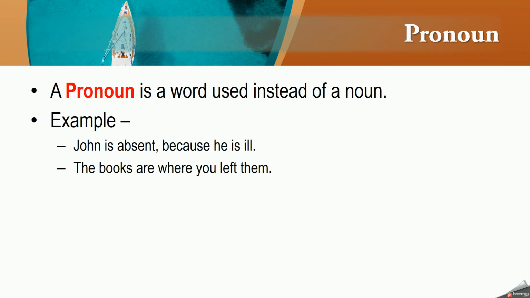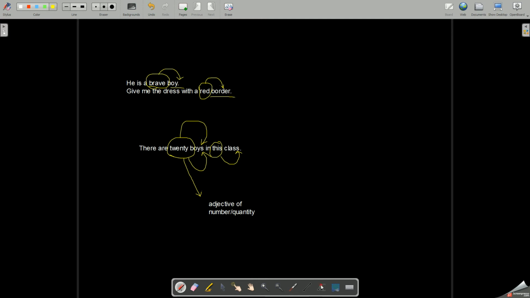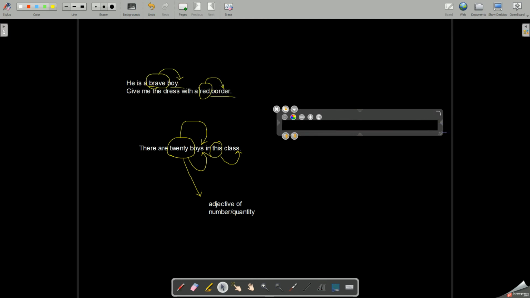Next is a pronoun. Words used instead of a noun are known as pronoun. Like John is absent because he is ill. So over here I will just describe it. John is absent because he is ill.